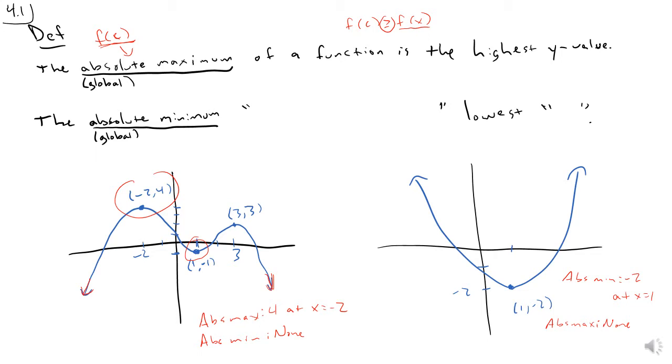So if I just focus in on a specific area around that point, it's the lowest point in that area. Similarly, this point (3, 3) is not the absolute max, but it's at least a high point on the graph. It's the highest point in the area. We have a name for those, and that's what I'll show you on the next slide.